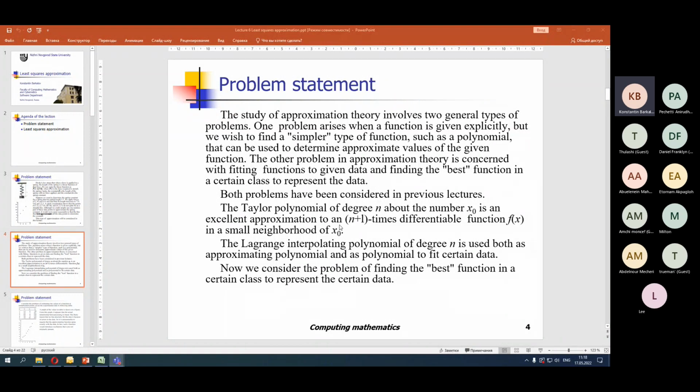And both of these polynomials of degree n can be used as an approximating polynomial and as a polynomial to fit the given data. But now we consider the problem of finding the best function in a certain class of functions to represent the given data.